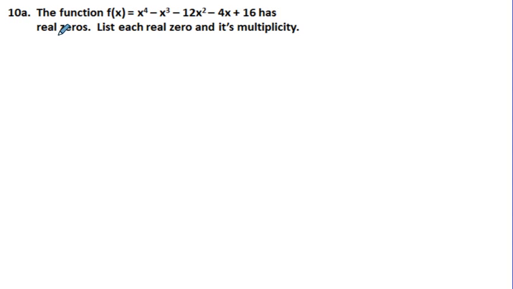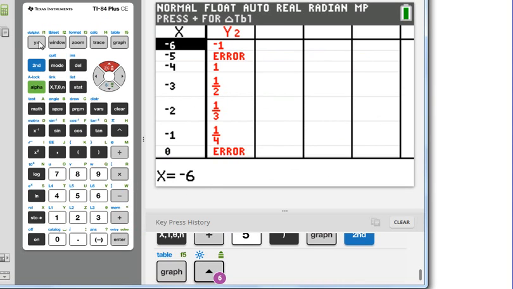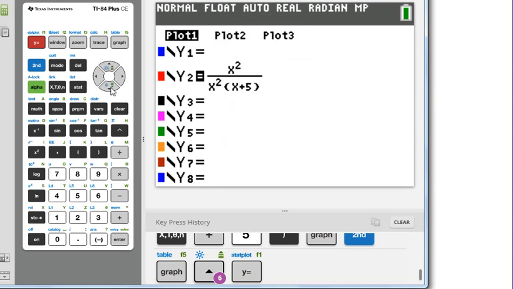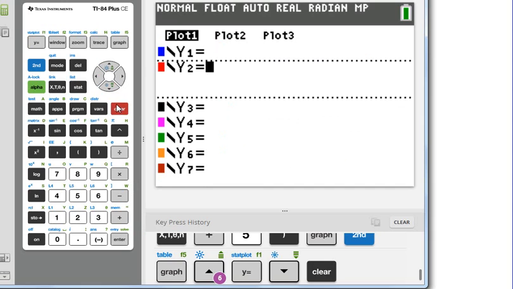Okay, I'm looking for it here. Okay, let's go to the calculator and put this in place. So we're going to have, trying to read here, x to the fourth minus x cubed.